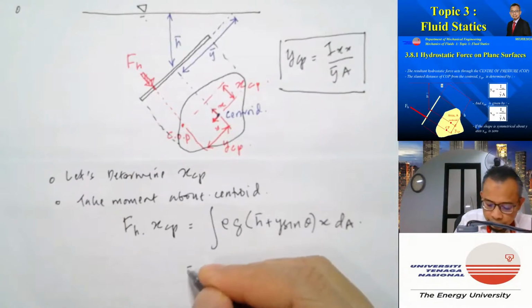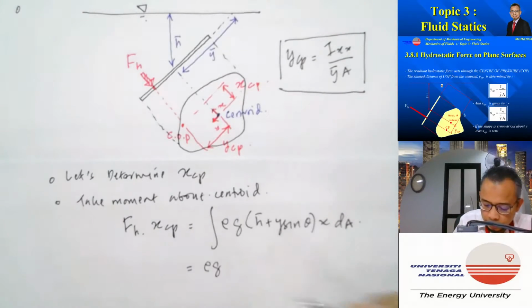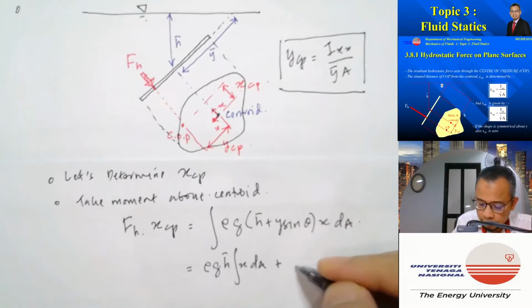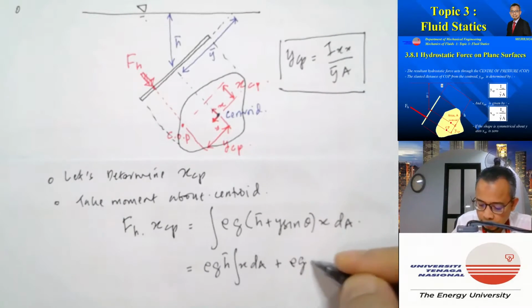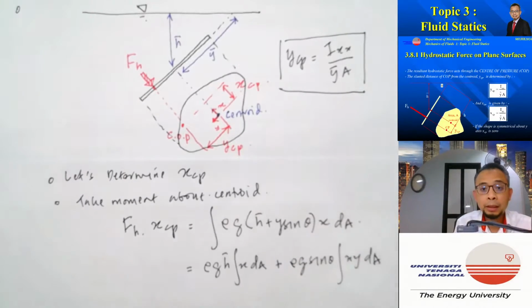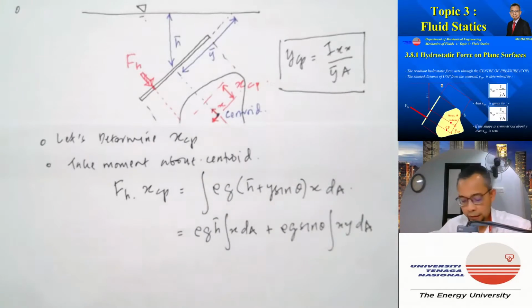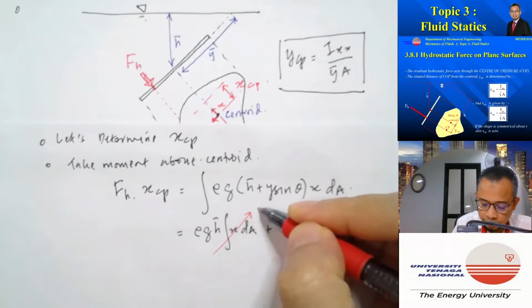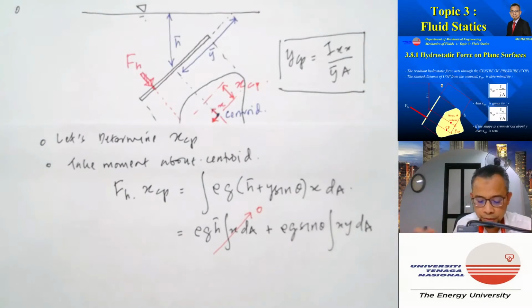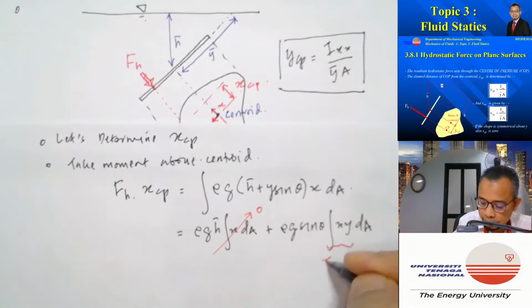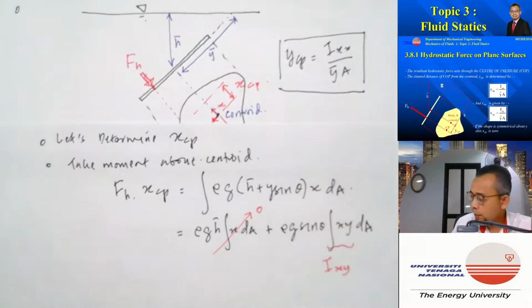So this gives us rho g h bar x dA plus rho g sine theta xy dA. So again, by definition, because the origin is at the centroid, the first integral is equal to 0. And then we also know that the integral of xy dA is equal to Ixy.